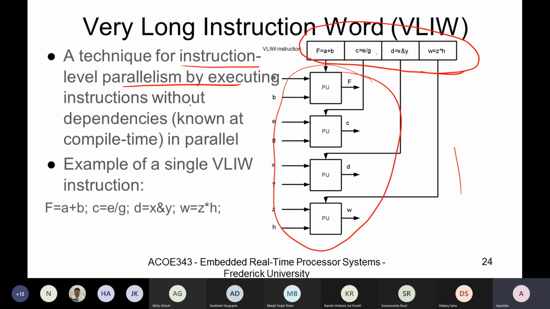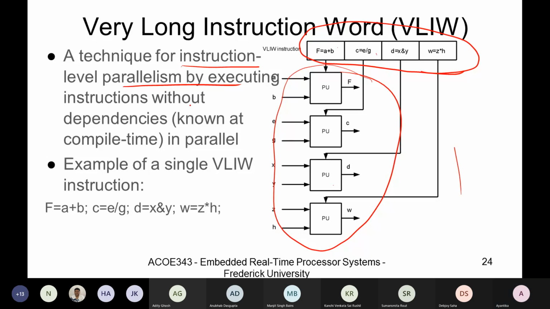So for the VLIW instruction, we need to have variant hardware blocks in our processor. A DSP has some variant blocks as per requirement, and in those blocks we can map the parts of the instruction. Here we divide one instruction into parts and execute them in parallel. So this is the concept of very long instruction.